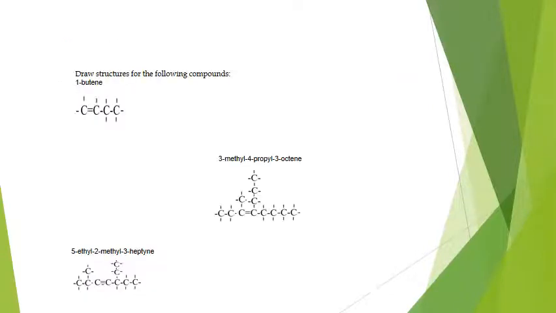So it looks like it doesn't matter which direction. It does matter because you want to make sure the methyl goes on the smallest number. If it went from right to left, it'd be 5-methyl. But instead we want it to have the smaller number, so it's going to be 2.